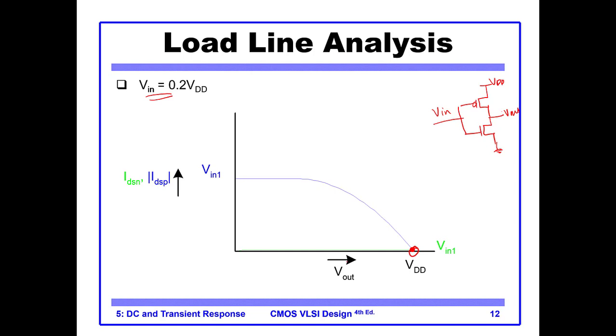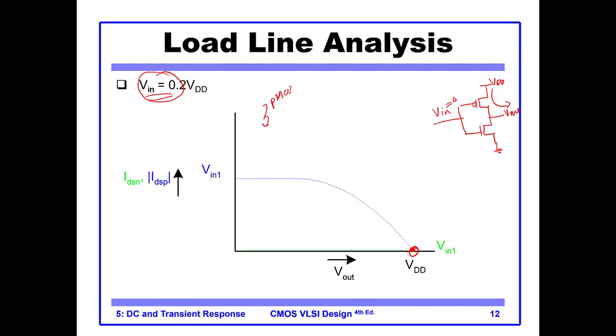Okay, so in that case, just note that I'm coming to the case of Vn equal to 0 again, and the current is blue, which means this current is the current of PMOS. Because when this is 0, the PMOS is on, so we have a current flowing here. That's why the current is due to the blue line. It is due to the PMOS, and the output voltage is equal to VDD.